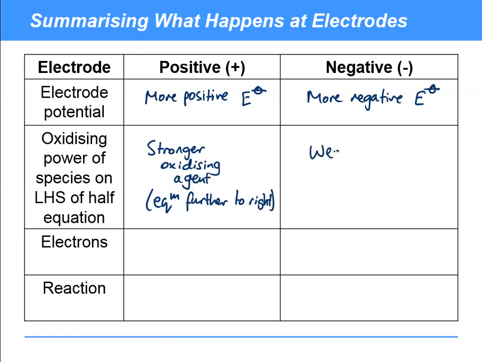And here we've got a weaker oxidizing agent. The net, so this is the equilibrium further to the left.